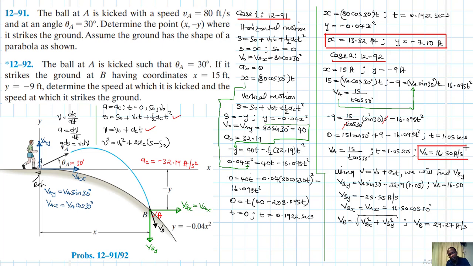And then we have the final velocity, VB, at which the ball strikes the ground.